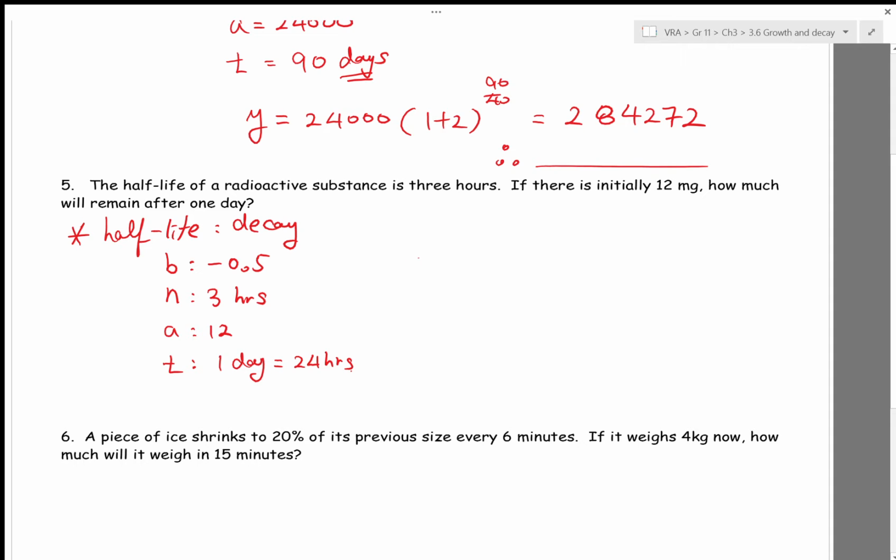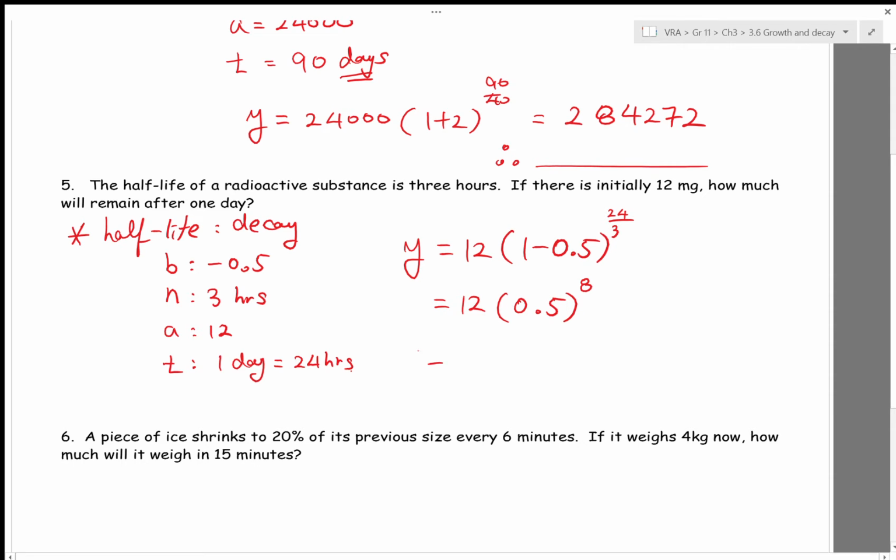So your Y equals 12, then 1 minus 0.5. Remember, this is a decay formula, so it's negative 0.5. And then 24 over 3. There you go. So it is 12 and then 0.5 to the power of 8. Using your calculator, it should be a very, very small number.